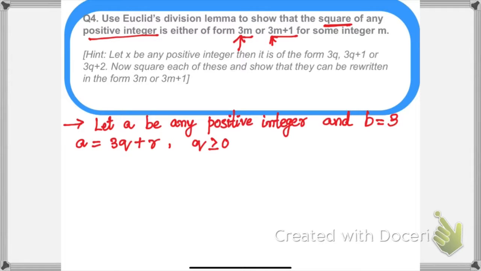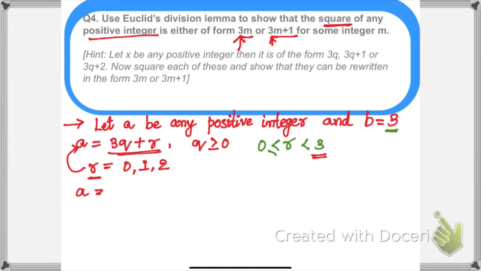Now we also know that for Euclid's division lemma there exists a condition that the value of r should be greater than or equal to 0 and it should be less than b. That means here it should be less than 3. So the possible values for r can be 0, 1 and 2, because it can always be less than 3 only.